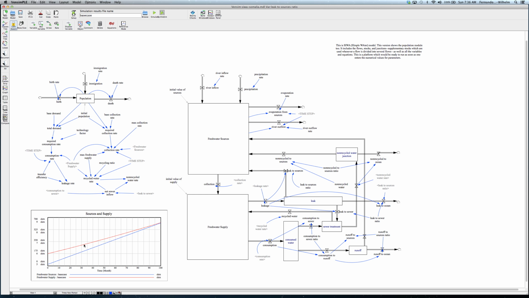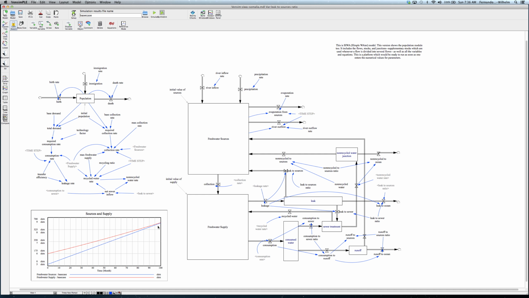And what we're finding out here is that at some point in the near future, the supply catches up. Essentially, the sources are run down, and they catch up with supply.